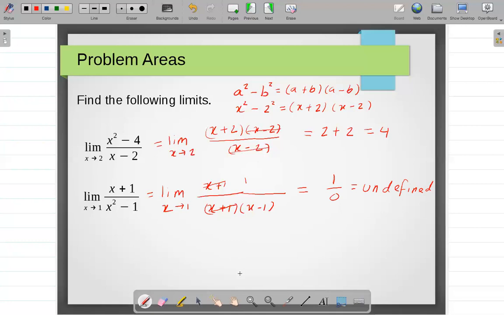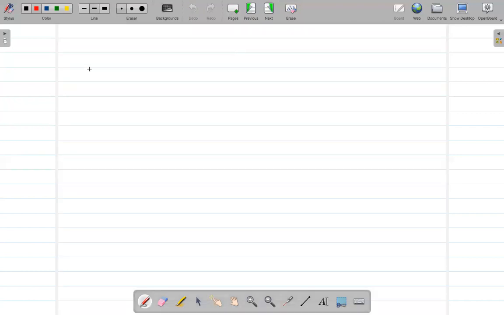Now, one more thing. Let's say I want to take the limit as x goes to c of f of x over g of x.